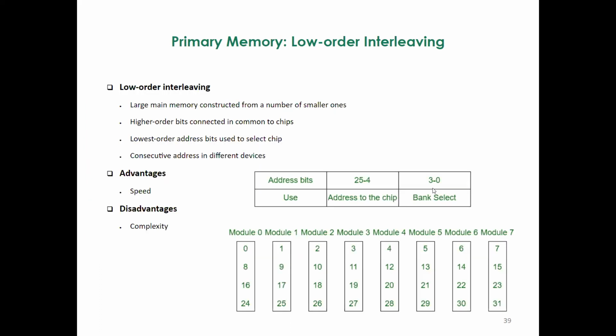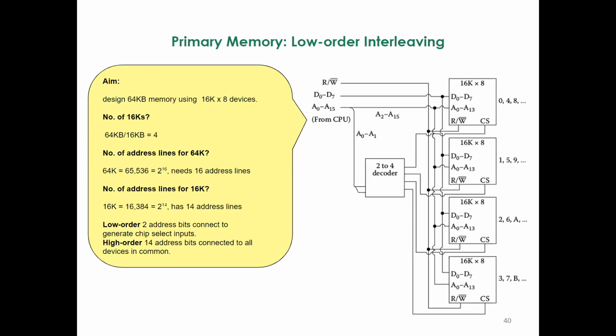Because the lower bits are the ones that are used to select the module. So if you have 000, that's one module. Once you step to 001, that's another module. 010, that's another module. 101, that's another module. So that's the idea.